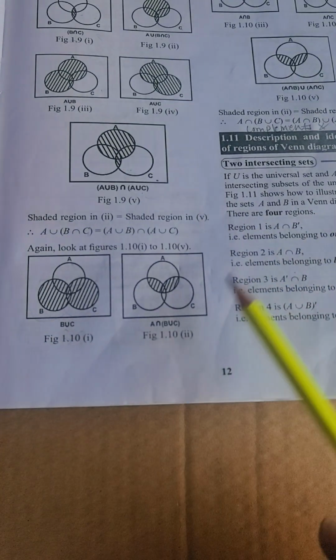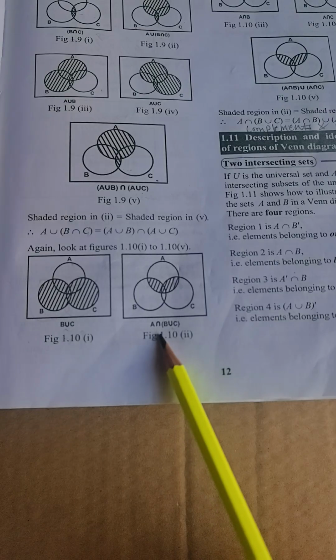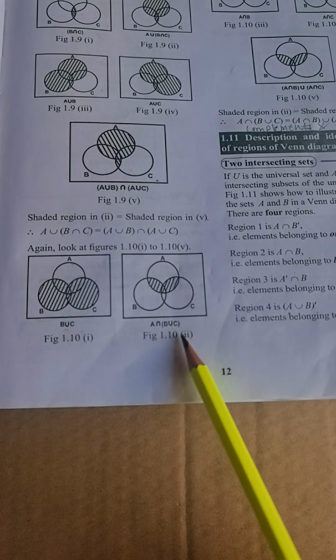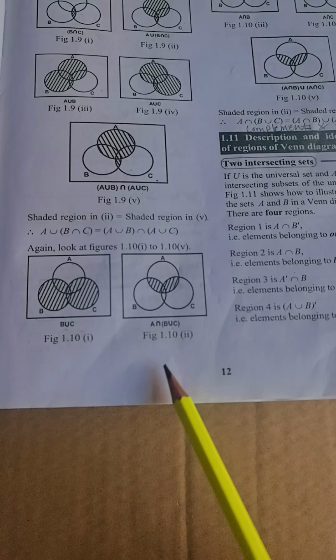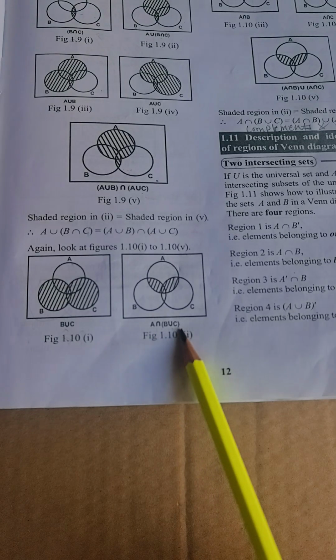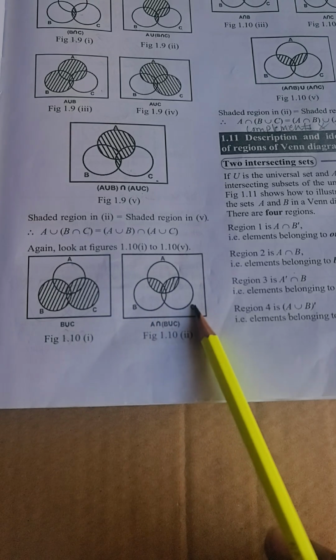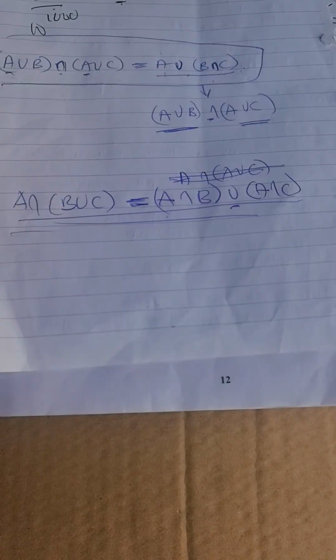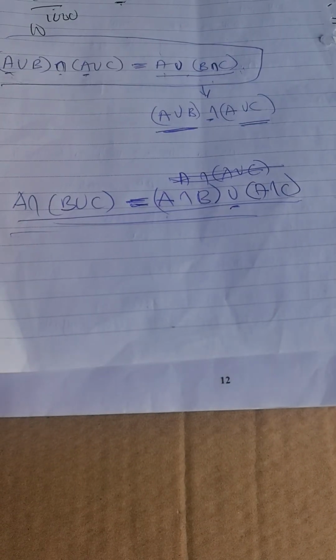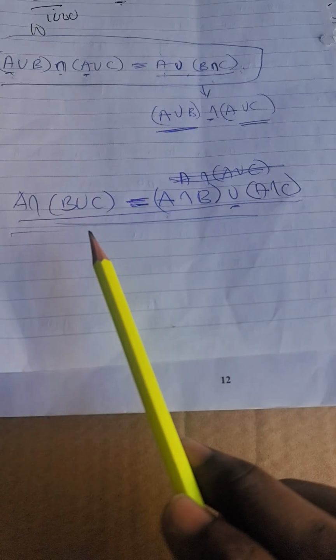Now, last but not the least, we have this one also. We are looking for A intersection (B union C), right? So now let's deal with the bracket first. We have B union C, B union C, right? Now hold on. Once again, this is an expression that we have learned so far.